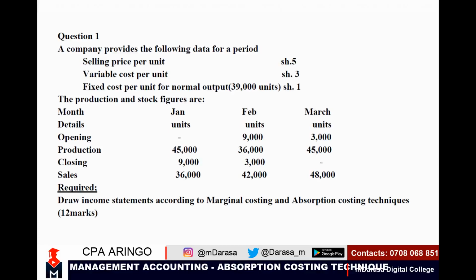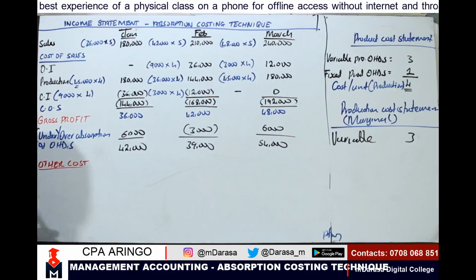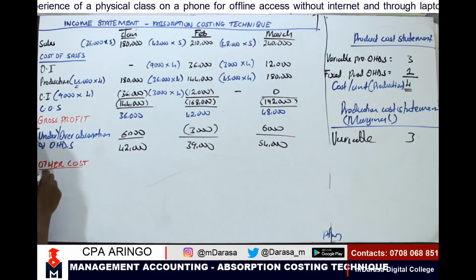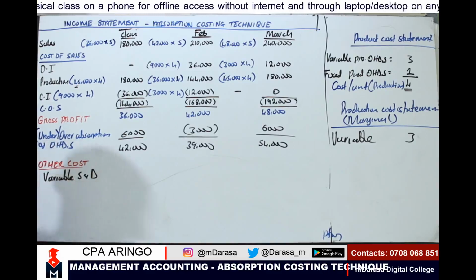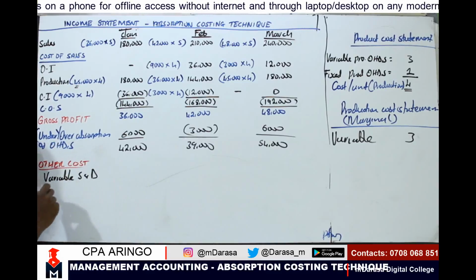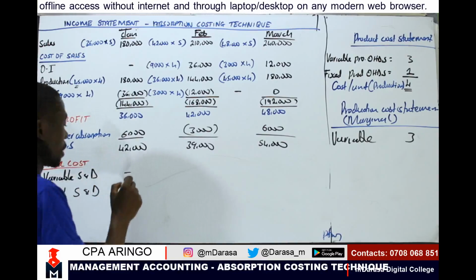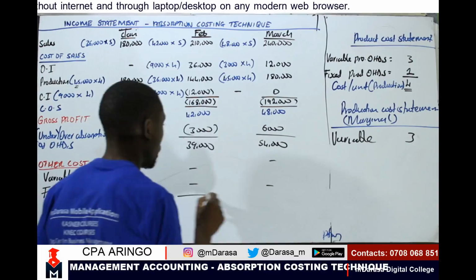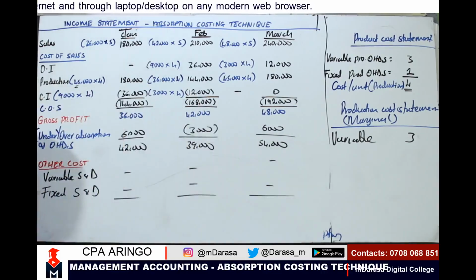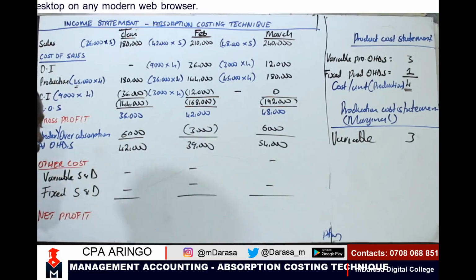If we had other costs, I could have added costs like variable selling and distribution cost, and fixed selling and distribution cost, but in this case we didn't have. So therefore our net profit for the said period.